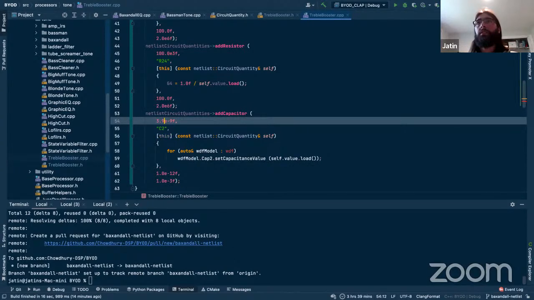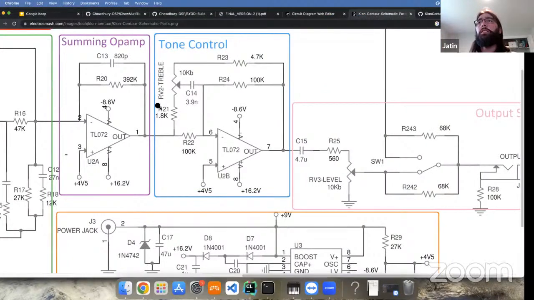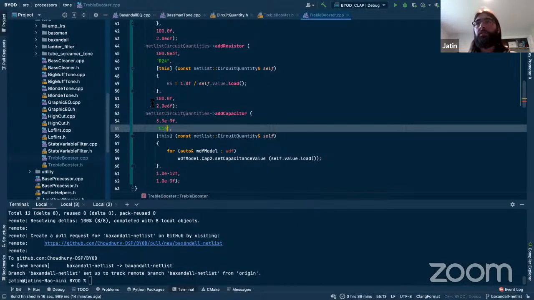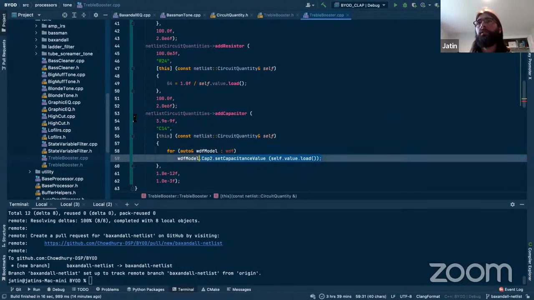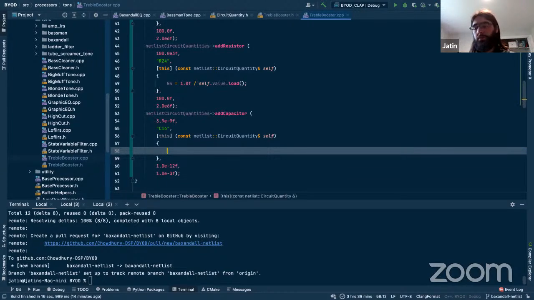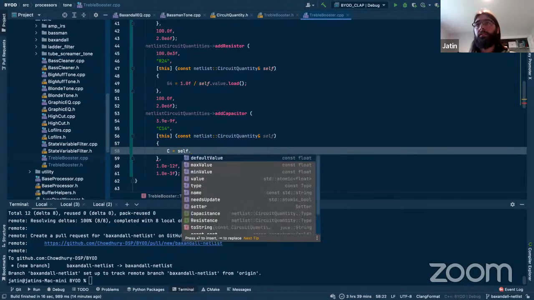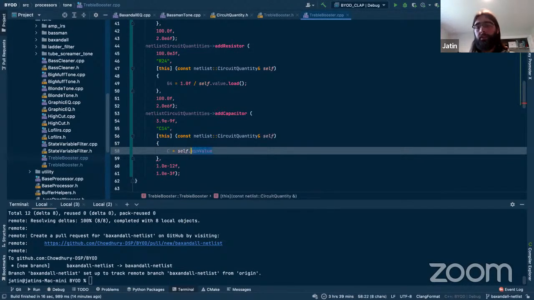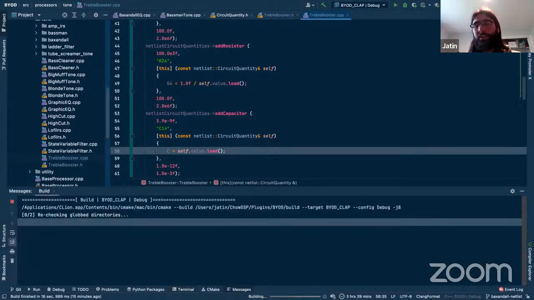They're calling it C14, so we can do that too. And we'll just do C equals self dot value. Yeah, so let's do that. Probably going to blow up, but we'll use that as a starting point.